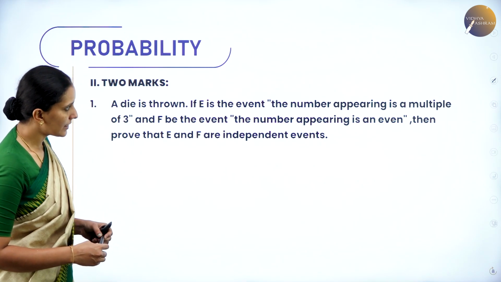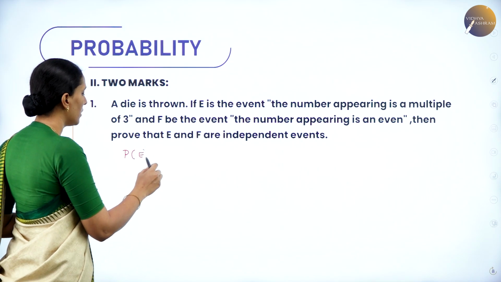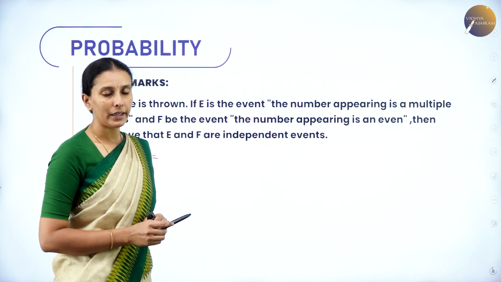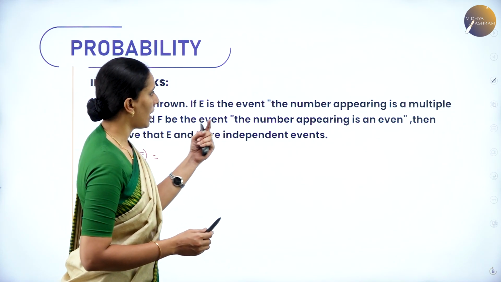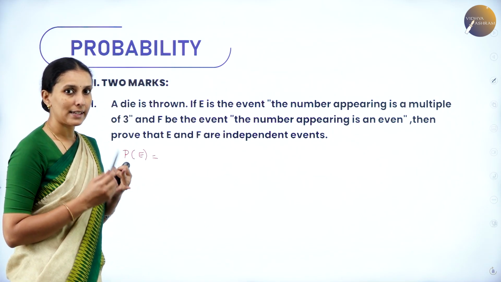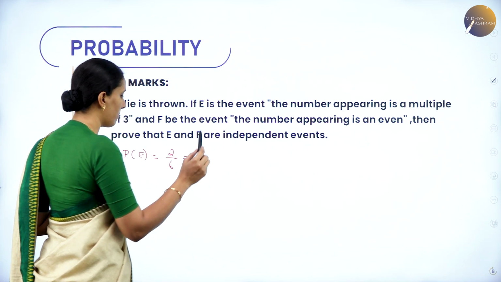First let us consider the probability of E, P of E. When a die is thrown, the sample space contains 6 outcomes. The number appearing is a multiple of 3 means we have 3 and 6 as 2 outcomes. So 2 by 6, which is equal to 1 by 3.